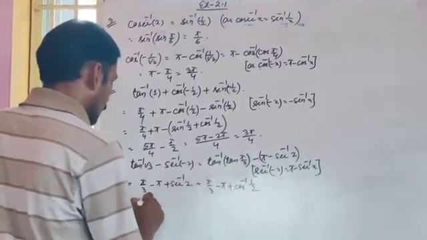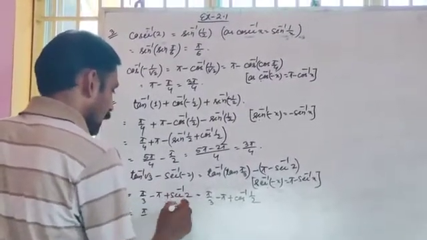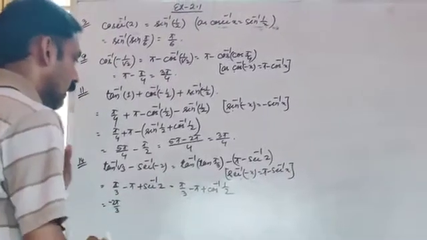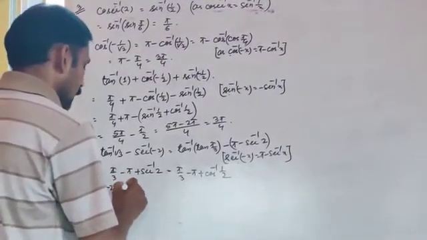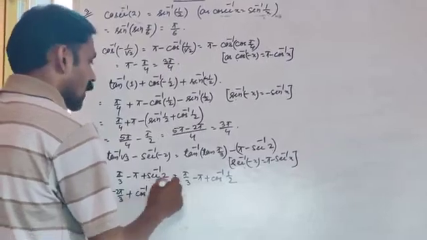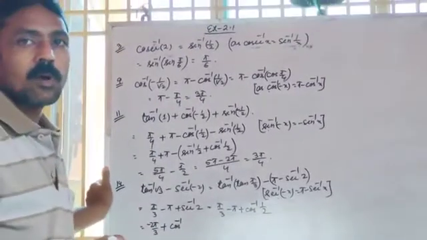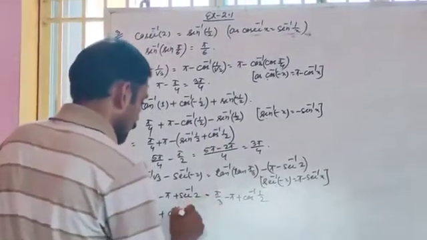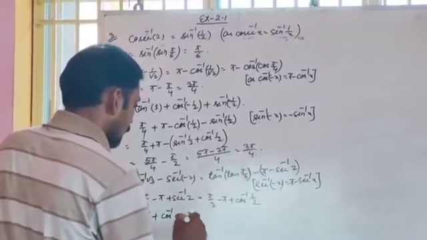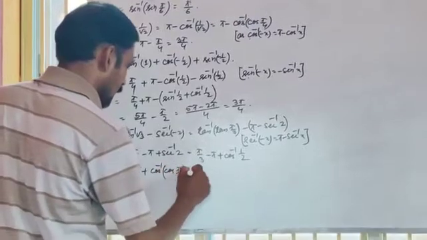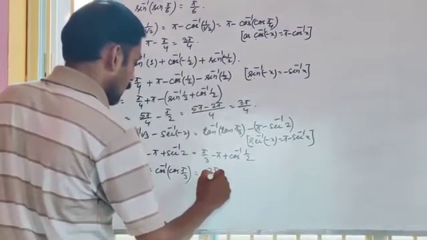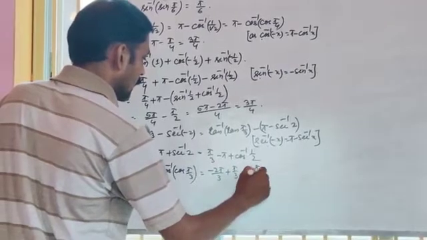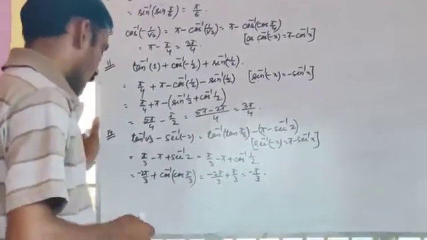So pi by 3 minus pi will be minus 2 pi by 3, plus cos inverse 1 by 2. 1 by 2 is cos 60 degree, that is cos pi by 3. So minus 2 pi by 3 plus pi by 3 is equal to minus pi by 3.